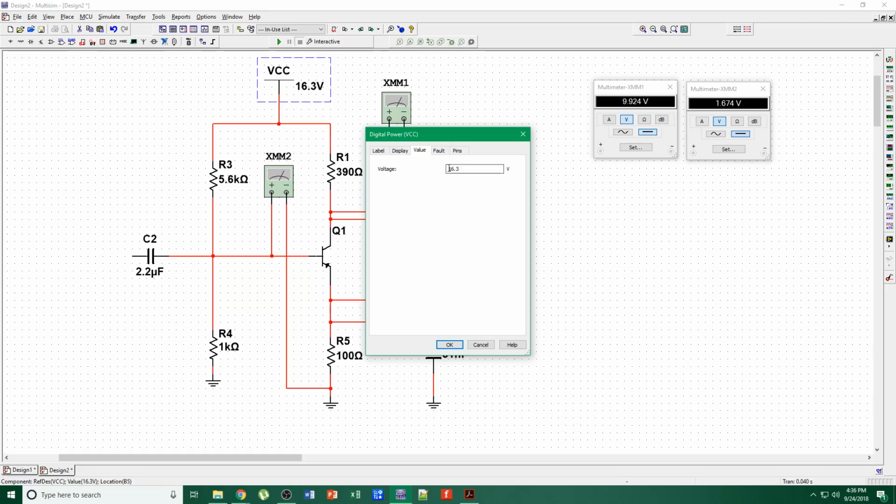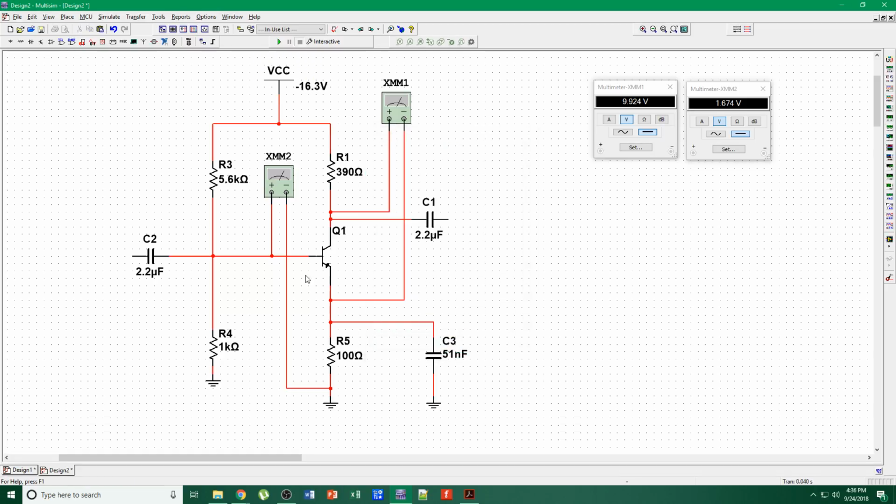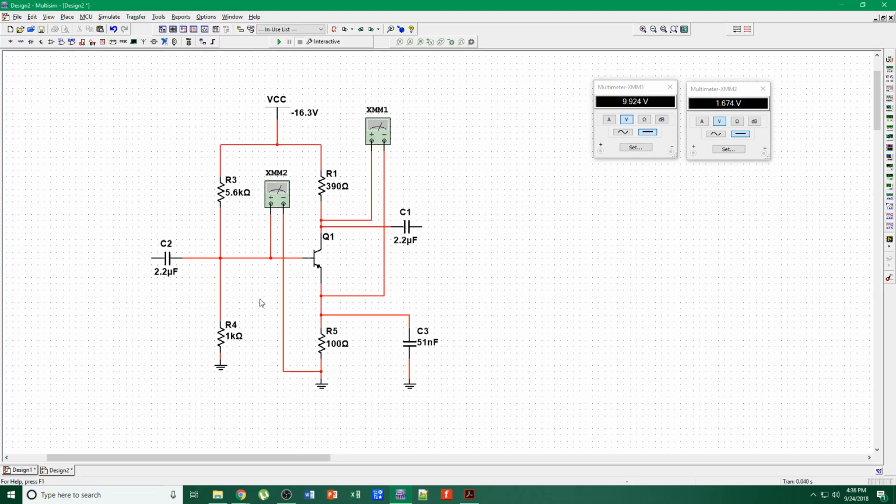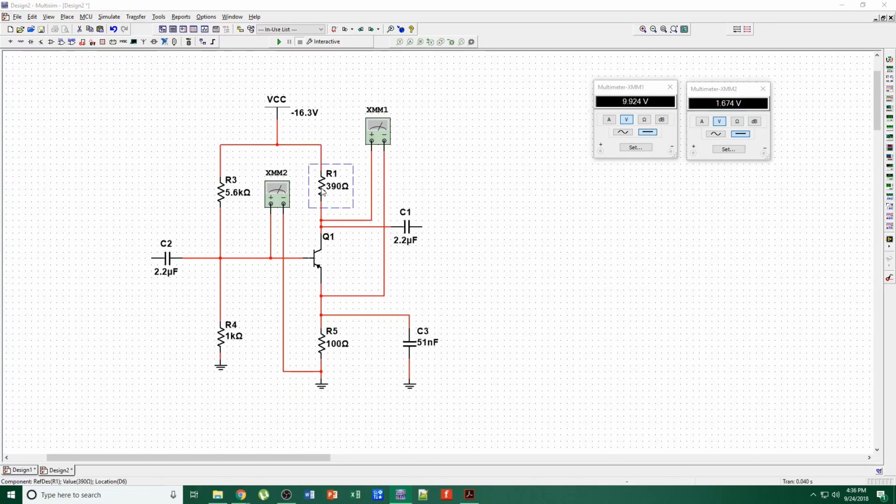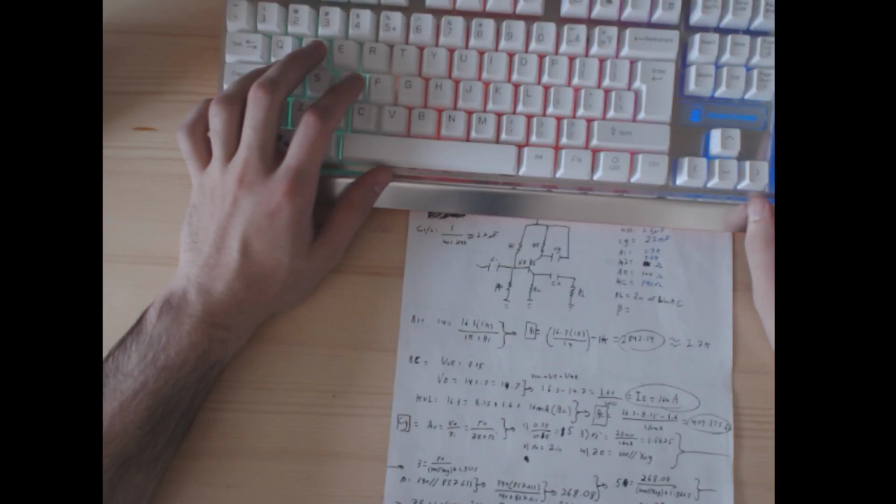This becomes negative. And this value here, as I have written, is RC.